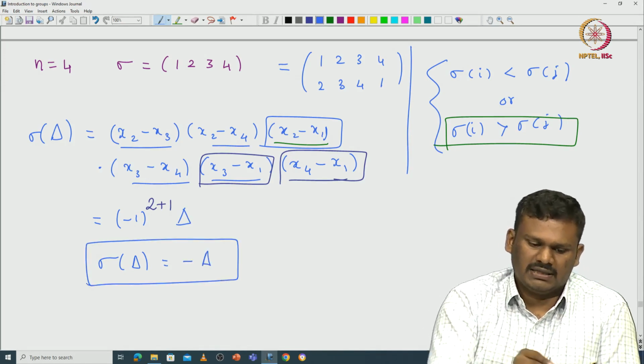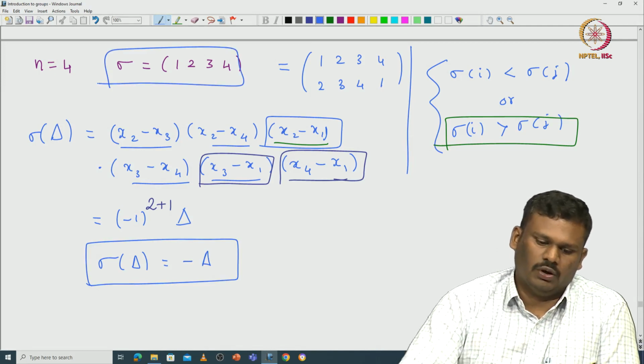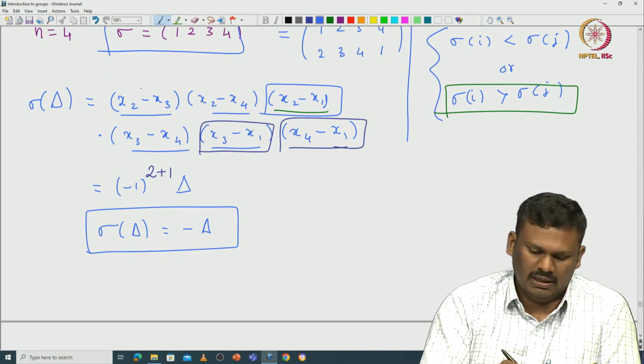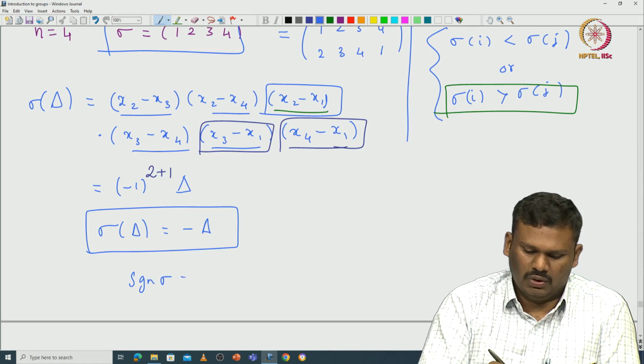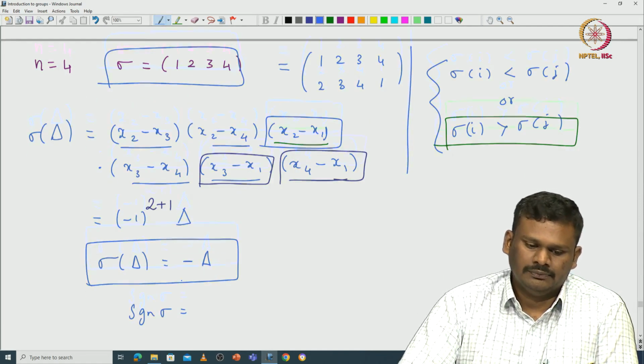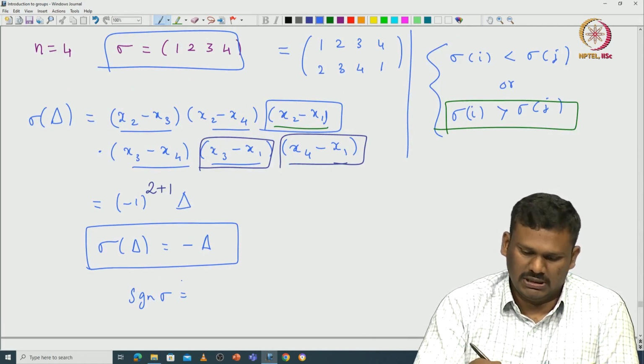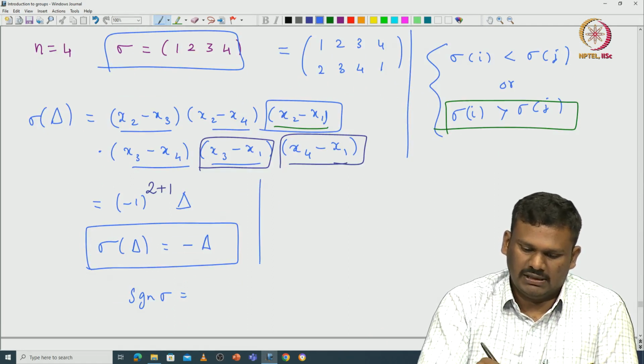But as a permutation, what will be the sign of sigma? One way to compute the sign is to write it as a product of transpositions. So you can see that sigma can be written as 1 2, 1 3 and 1 4.